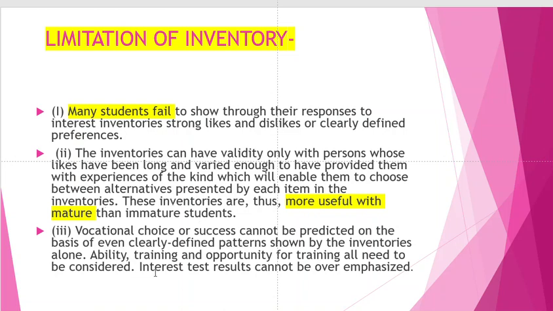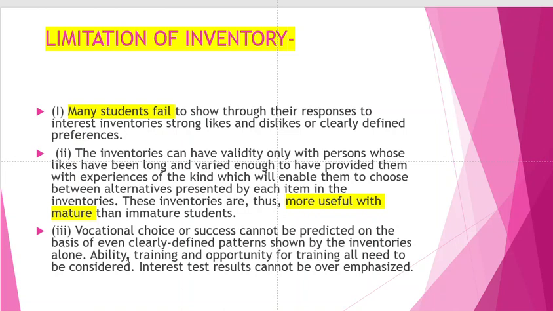Next, vocational choice or success cannot be predicted on the basis of even a clearly defined pattern. On the basis of this inventory alone we cannot give vocational guidance to the student. It provides information, but only on this basis we cannot give guidance to any student, because it doesn't clearly define everything about the student.